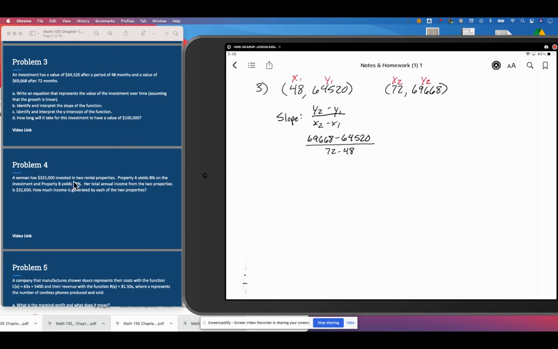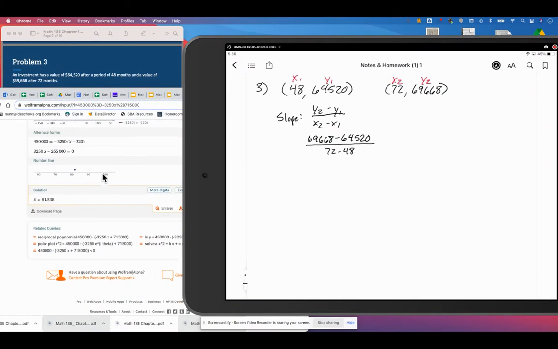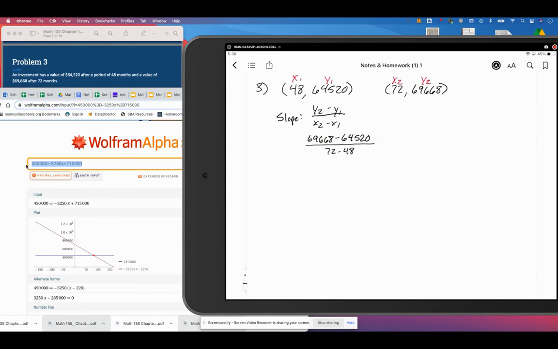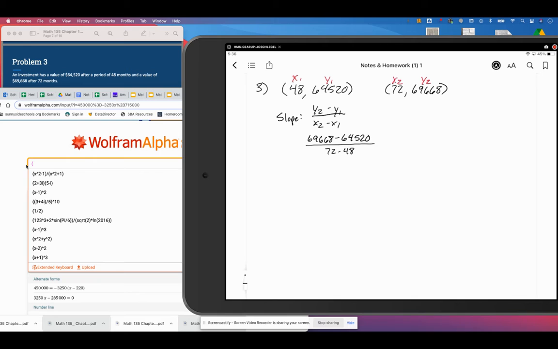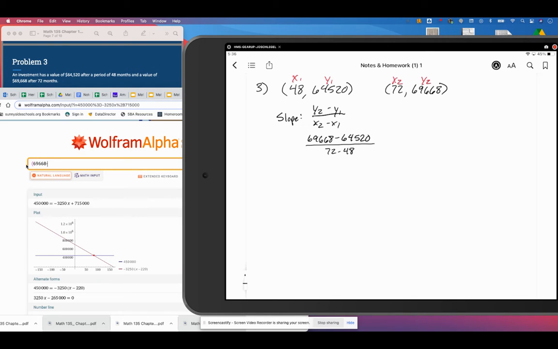We'll give that to Wolfram and see what it comes up with. So again, 69,668 minus 64,520, and that is over 72 minus 48.